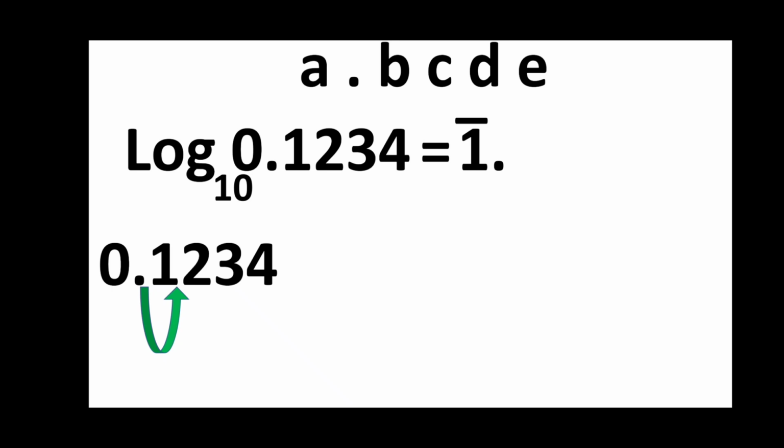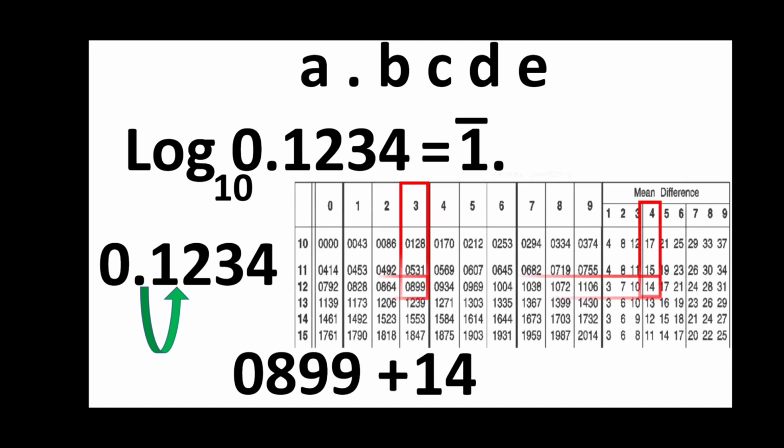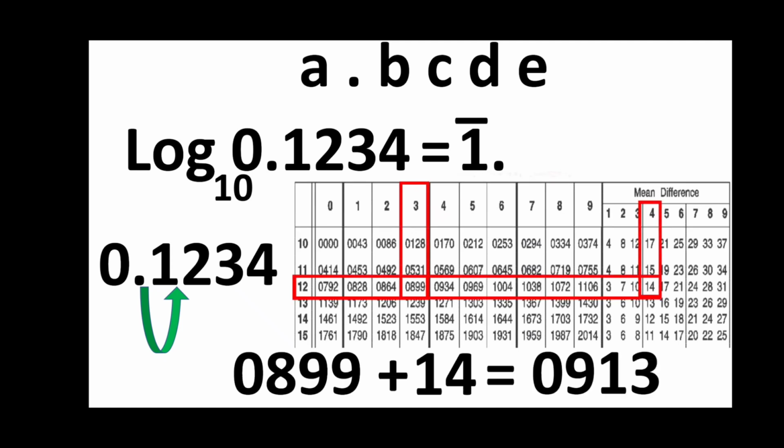Since in this example the first number is 0 followed by a decimal number, we need to move the decimal point forward. In step 1, we move the decimal point one position forward, and that is our characteristic. Please note that whenever the decimal point is moved in the forward direction, we need to write the characteristic as bar, which is here 1 bar. In step 2, it remains the same and we get the value 0913.